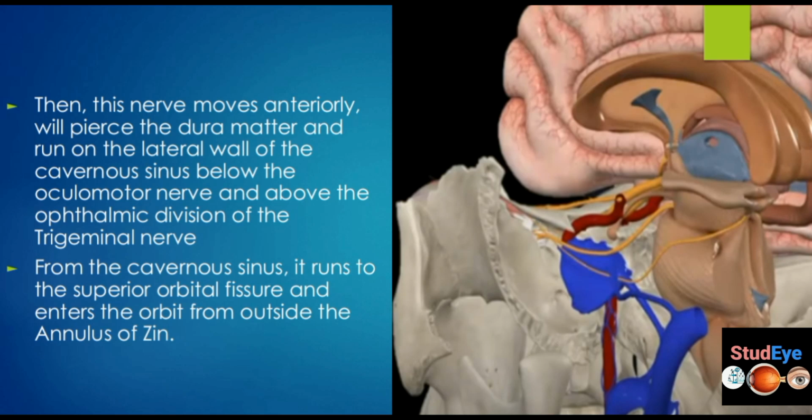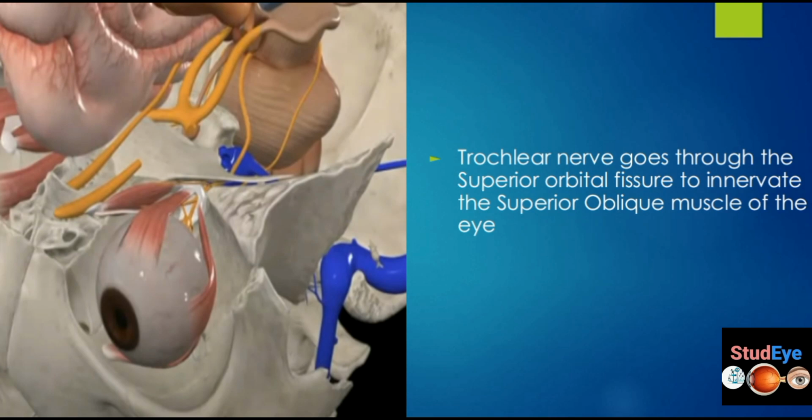The origination point of the superior oblique is not the annulus of Zinn, right? So that is why this nerve moves outside the annulus of Zinn to innervate the superior oblique muscle. So the trochlear nerve goes through the superior orbital fissure to innervate the superior oblique muscle of the eye.